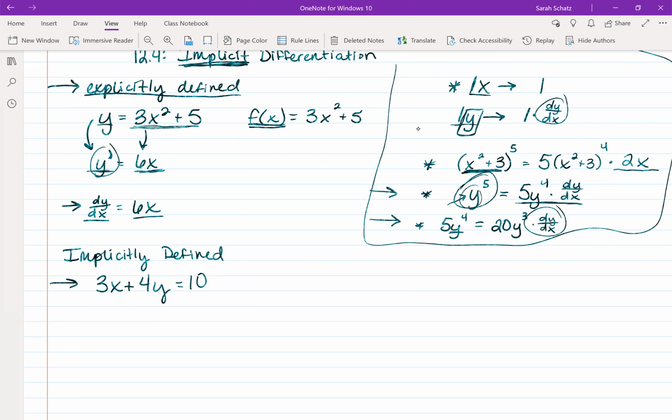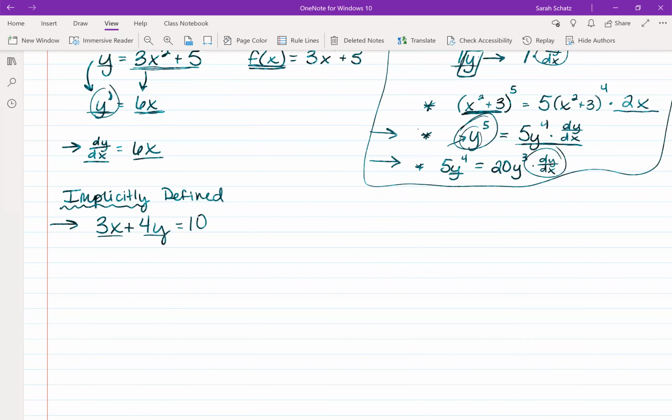It's just I didn't write it in function notation. I wrote it in this form where I have x and y's together. Well, instead of solving for y and getting y by itself, which I could do pretty easily on this one, I'm going to leave it implicitly defined, and I'm going to go ahead and take the derivative even though y is not by itself.